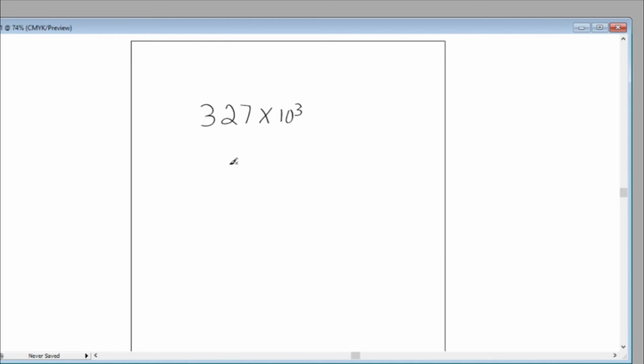Well, like I said, when we multiply or divide by a power of 10, we're just moving the decimal. The decimal's right here right now, so we'll move it 3 times. So that's 1, 2, 3. The decimal's going to end up there. And we'll just fill this in with some zeros. Okay, and that's it.